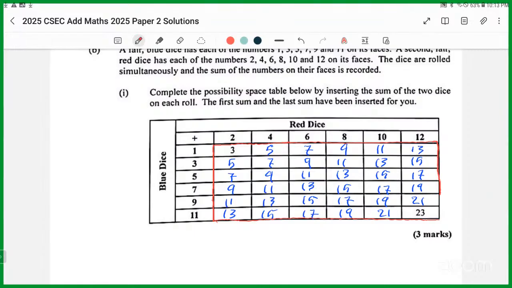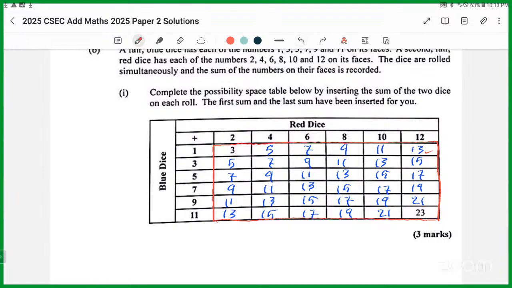How many values are there? 1, 2, 3, 4, 5, 6 this way by 1, 2, 3, 4, 5, 6 this way: 6 by 6 is 36.